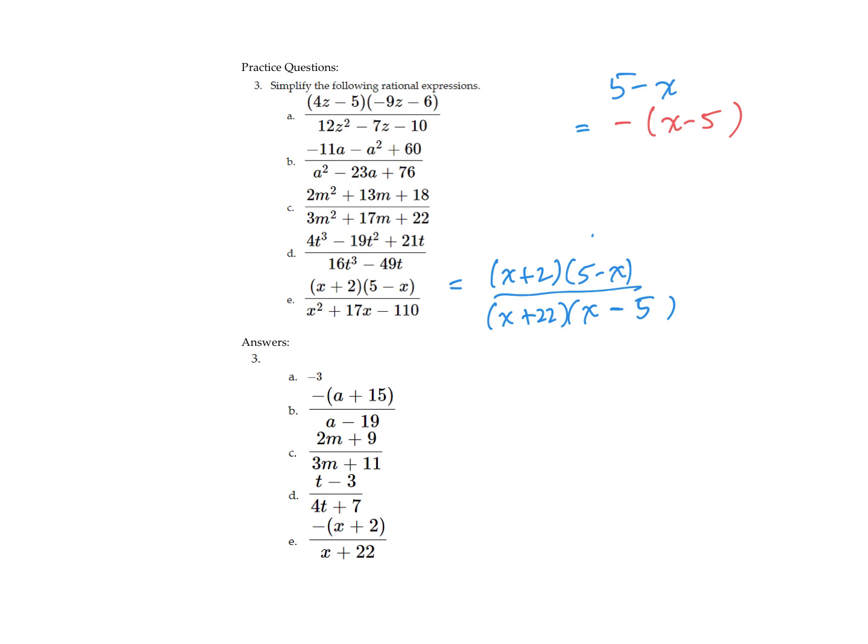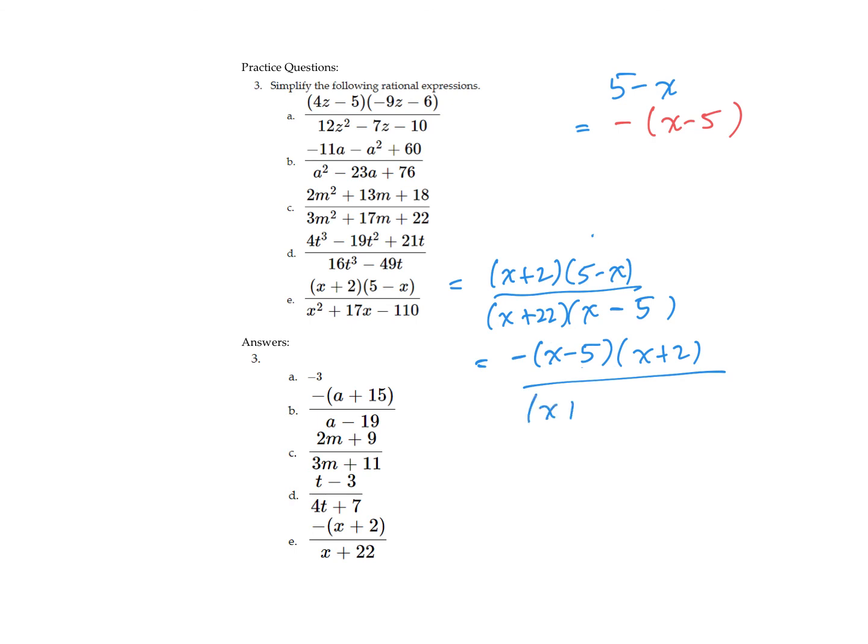So I could take 5 minus x, factor out a negative to make it x minus 5. Let's put it at the front. That way we know where it came from. So I'm going to take the 5 minus x and make it negative x minus 5.